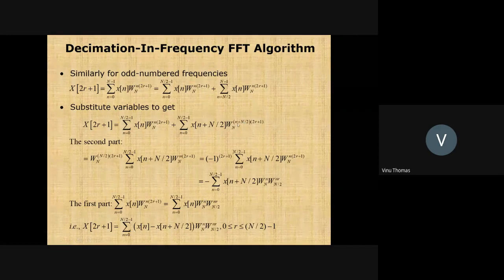This you can write as W_N raised to n into 2r plus 1, into W_N raised to N by 2 into 2r plus 1. Let me take W_N raised to N by 2 into 2r plus 1 outside. And the rest is sigma n equal to 0 to N by 2 minus 1, x of n plus N by 2 into W_N raised to n into 2r plus 1.